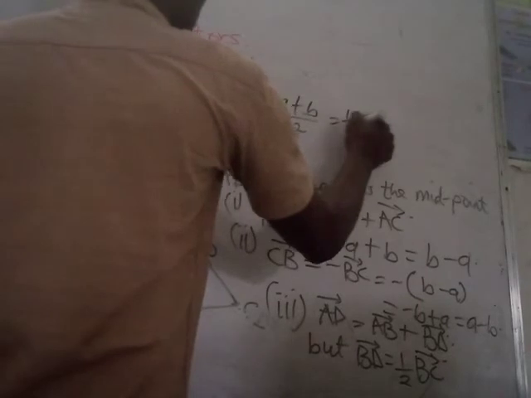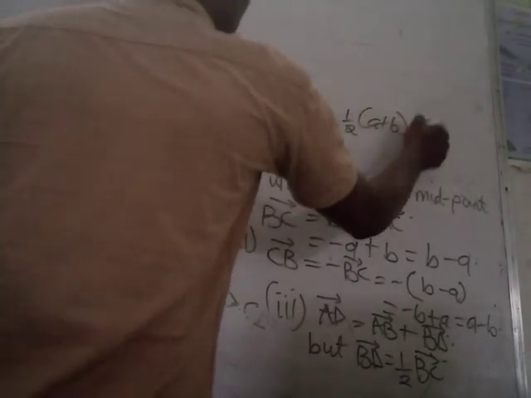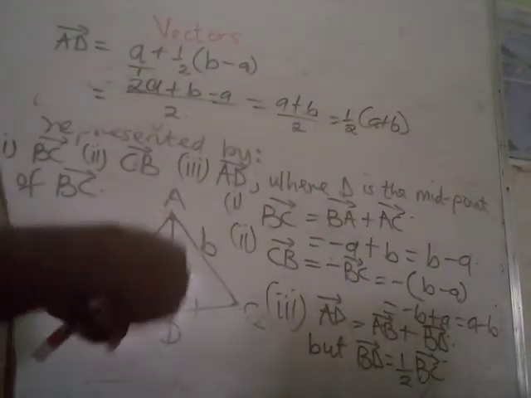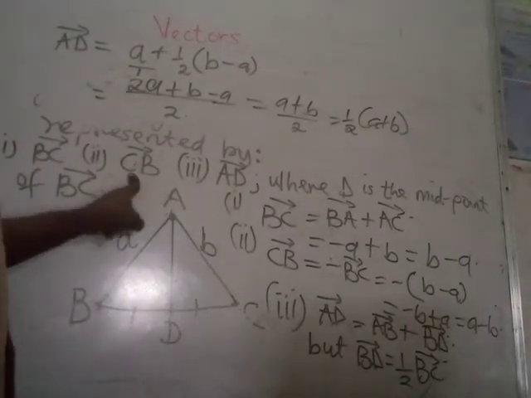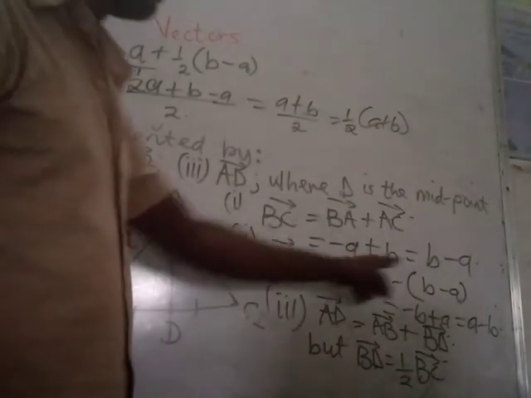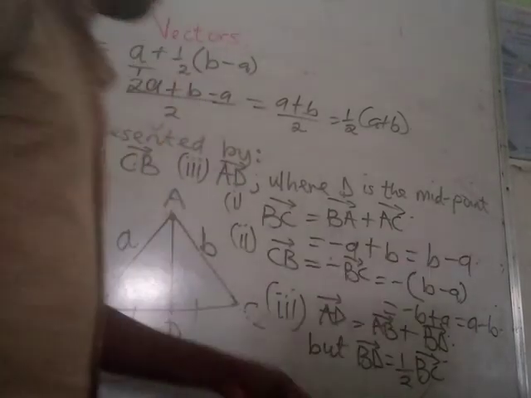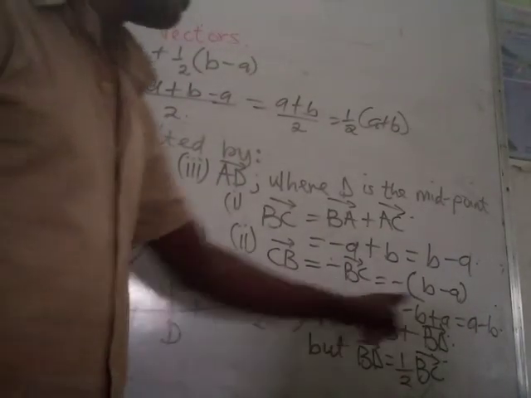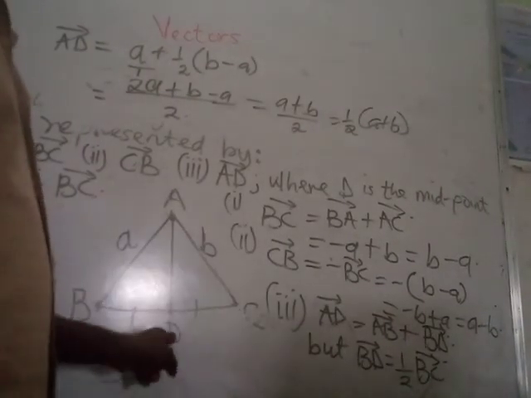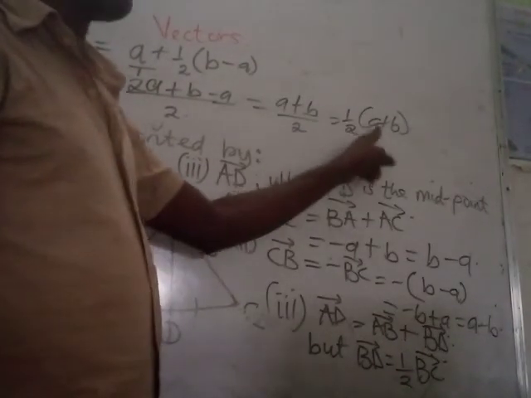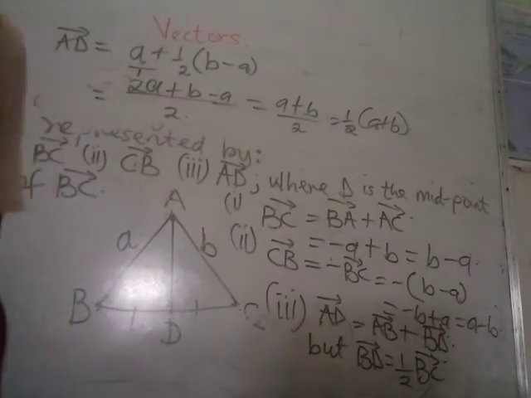So that will give us half A plus B. So these are the vectors that represent BC, CB, AD. BC is represented by B minus A, CB is represented by A minus B, and AD is represented by half A plus B.